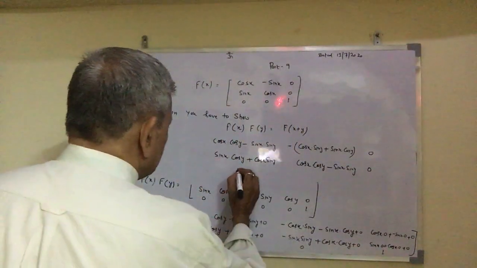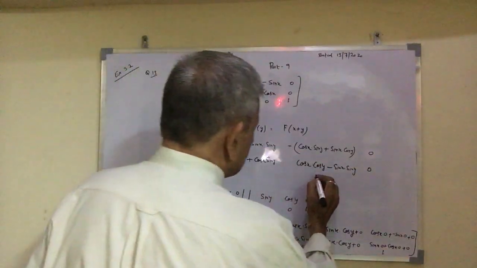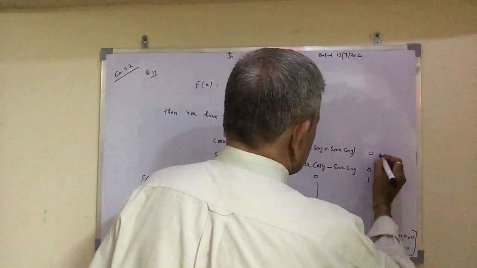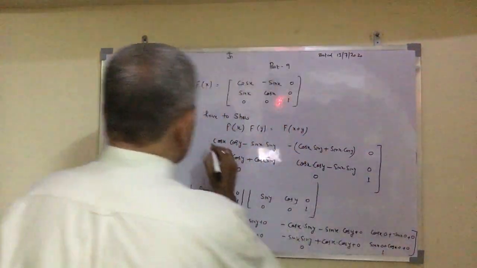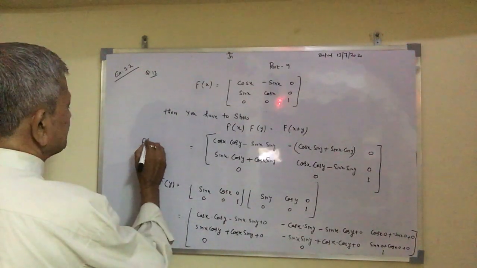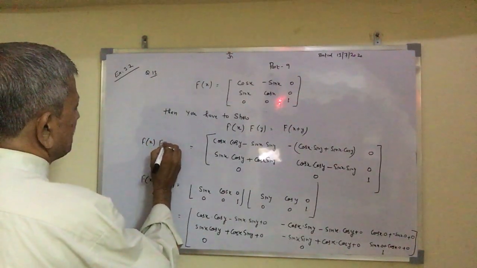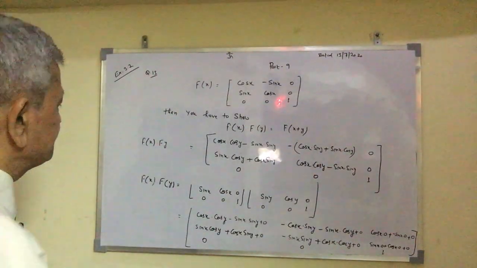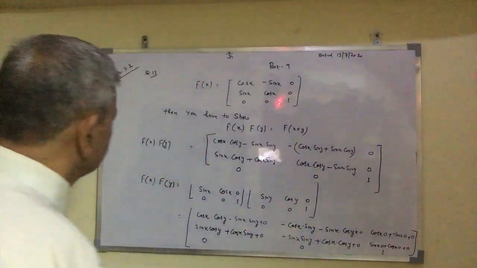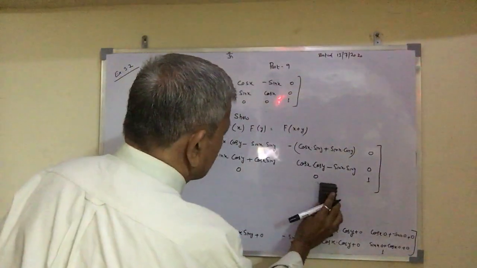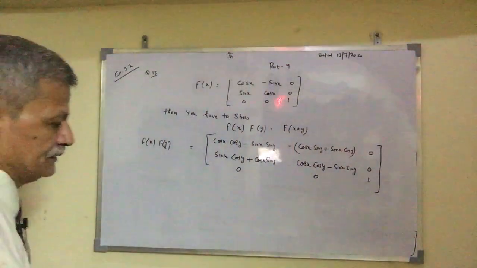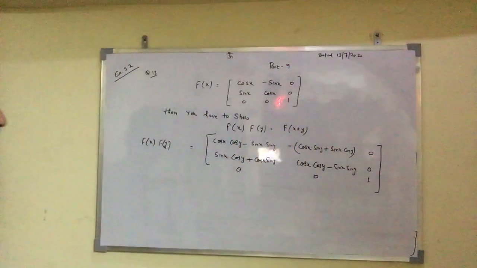Now here your value will be 0, and this is your 0 and this is your only 1. So this is left with your matrix, which is f of x into f of y. Now afterwards, I will just omit this one so that you can get the right picture of what is left.